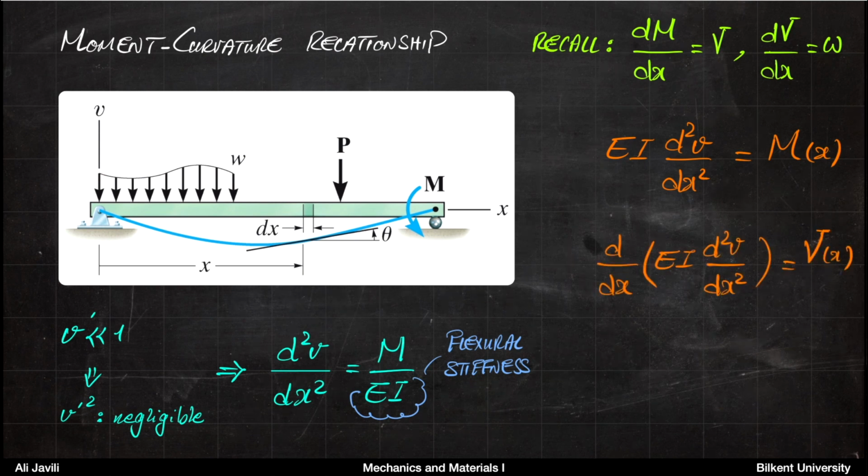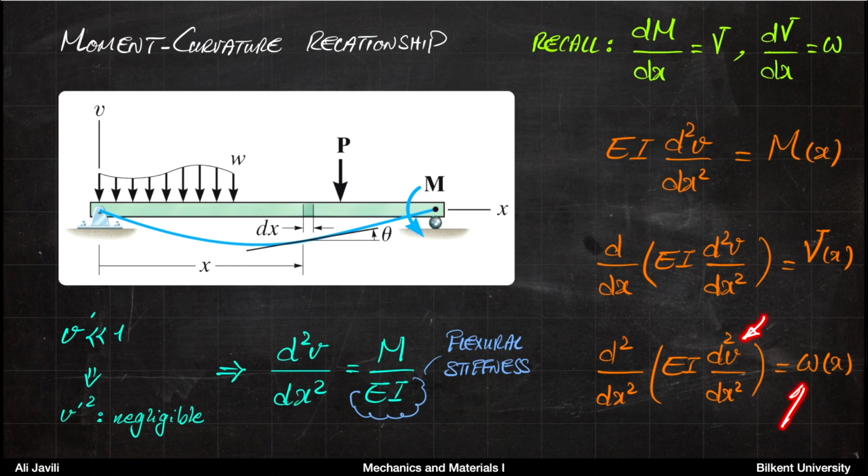That means if you differentiate the relation that we have here with respect to x, you would find a relationship between deflection and shear force. If you differentiate that again with respect to x, you find a relationship between deflection v and distributed force w.